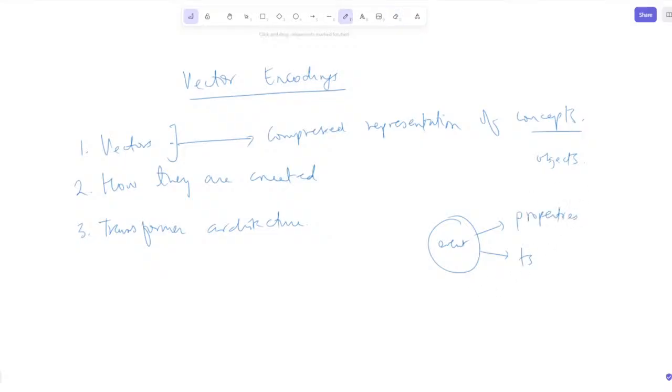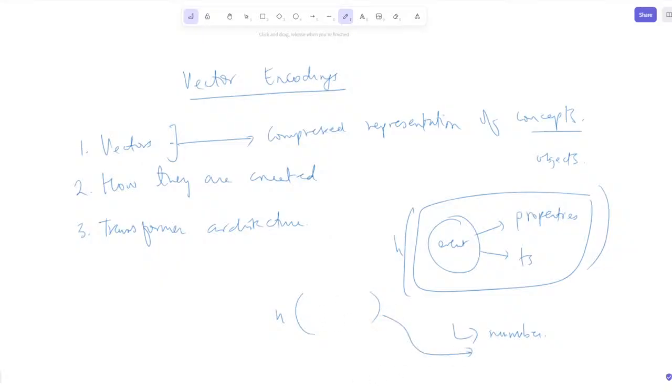If you take the hash of this entire thing, then you would expect a single number. And if you take the hash of the same event with the same properties and the same timestamp, you would expect the same number. You can think of vectors in a similar way.